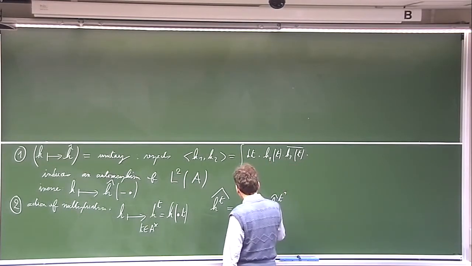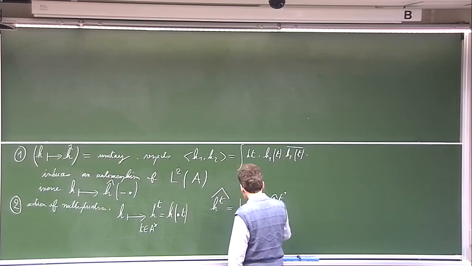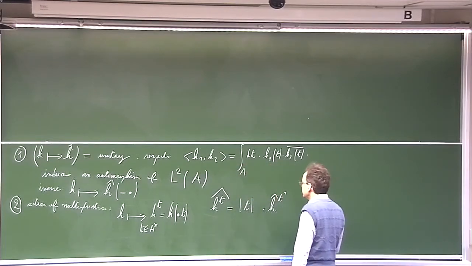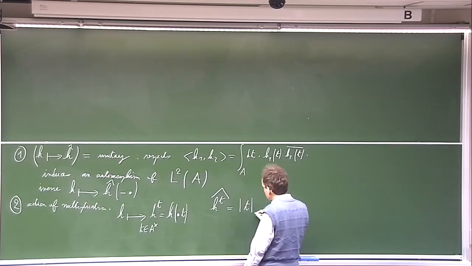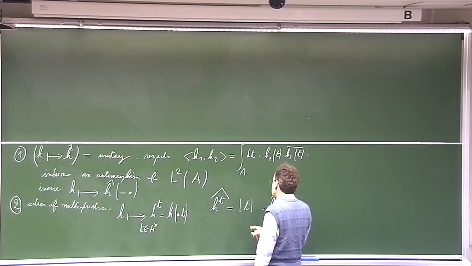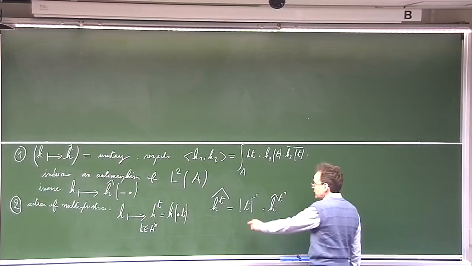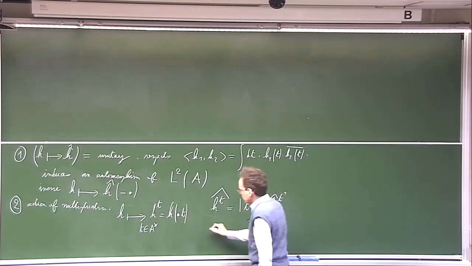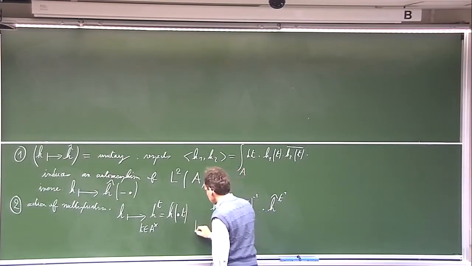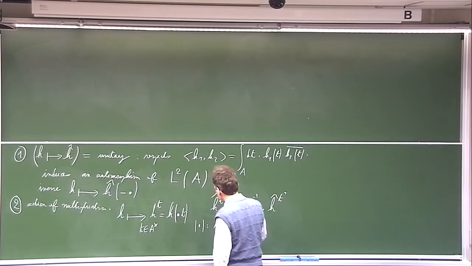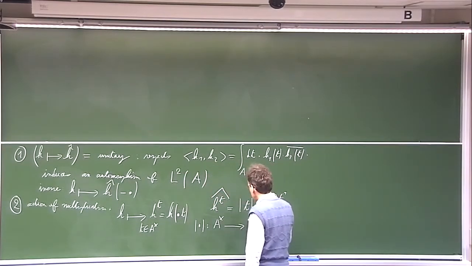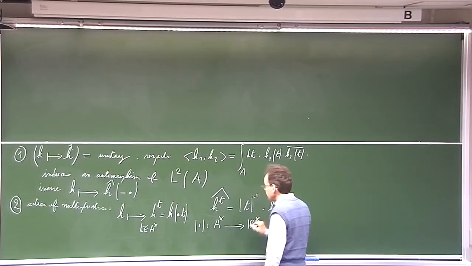You have to take t, and here there is some absolute value to the power minus 1. So what is this? This here is a multiplicative homomorphism from A cross to R plus cross.